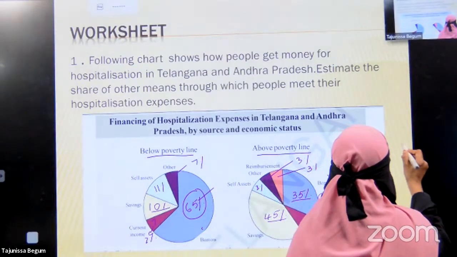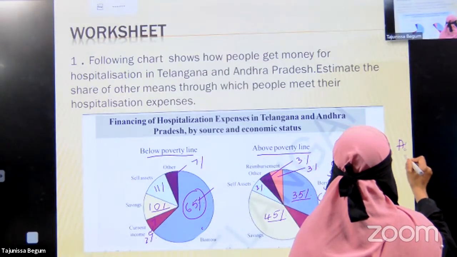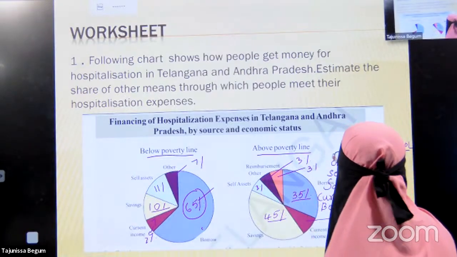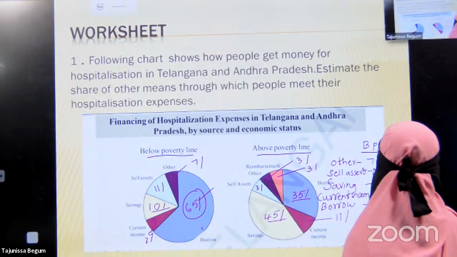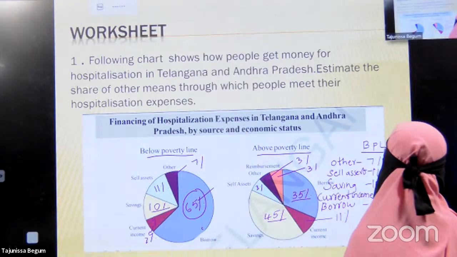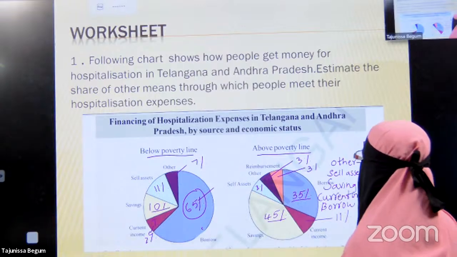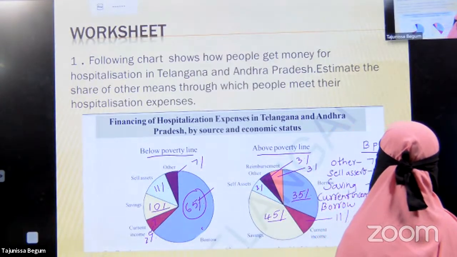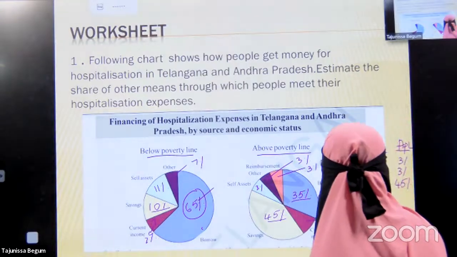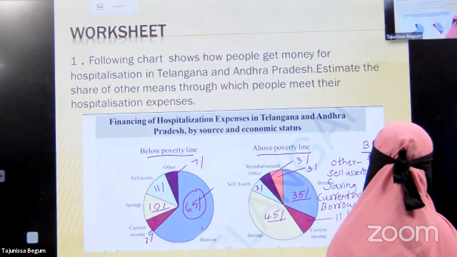Now when we see APL, above poverty line, how much are these people borrowing from others? They are borrowing 3%. And self-assets, how many are they having? They are having 3%. Savings, how much are they having? 45%. And current income, how much are they having? 11%.